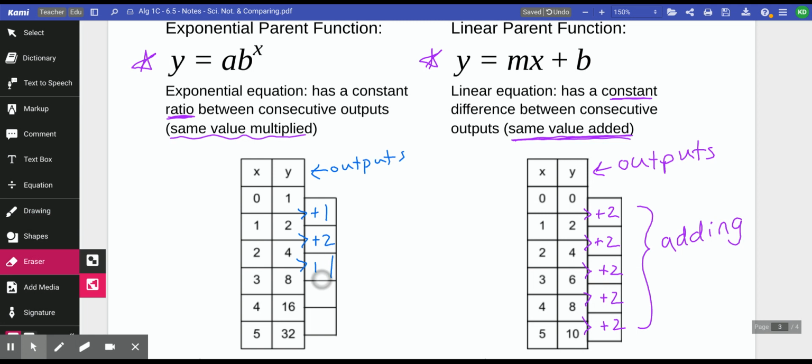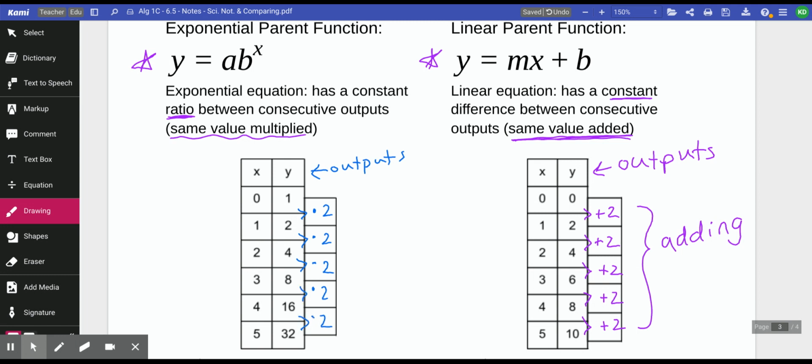So we have to go back to the drawing board, so to speak, right? We have to say that's not the right pattern. So then we say, okay, am I multiplying by something? 1 times 2, or 1 times what is 2? So if I multiply by 2, I would get 2. Does this pattern continue? 2 times 2 is 4. 4 times 2 is 8. 8 times 2 is 16. 16 times 2 is 32, right?